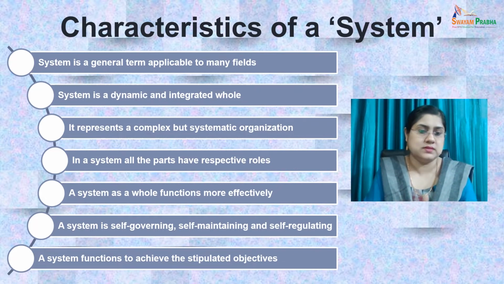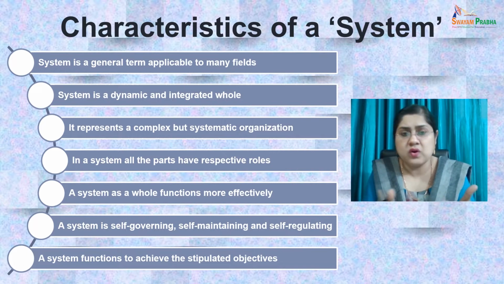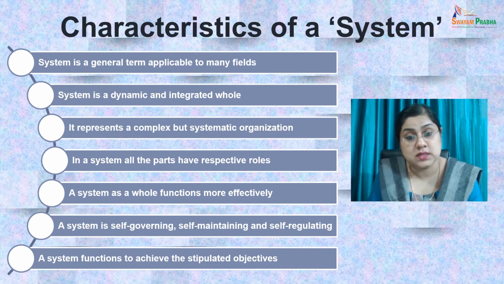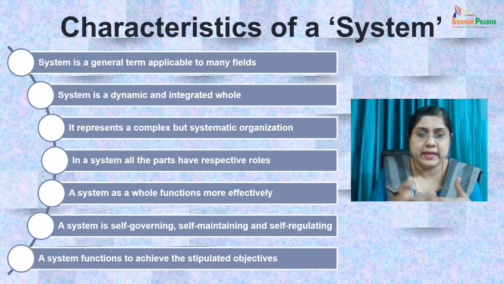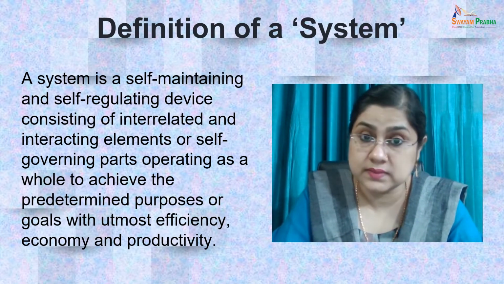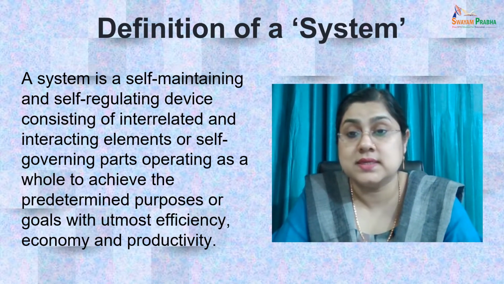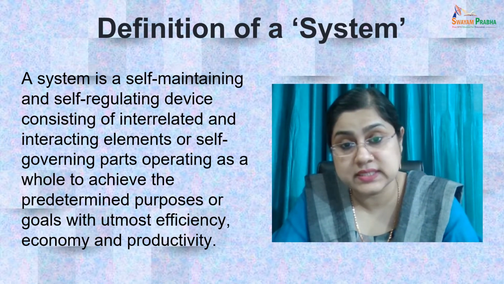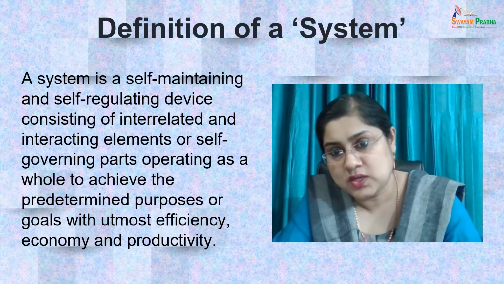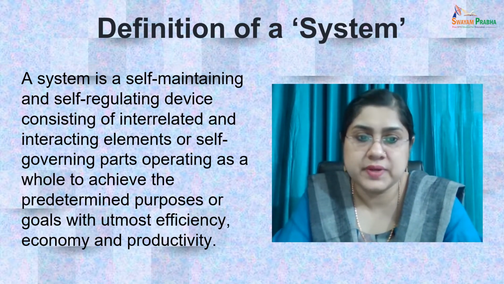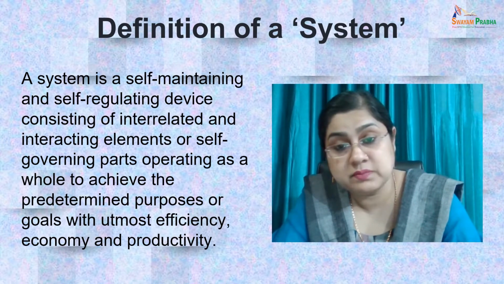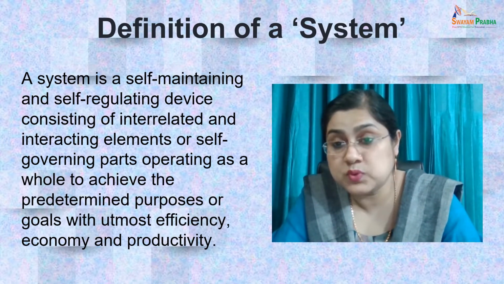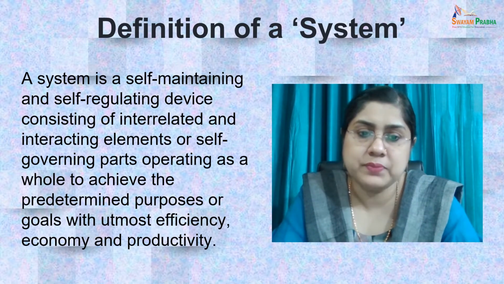So in this way we can see that these are a few of the important characteristics which help in defining a system in a proper way. The term system may be understood as a self-maintaining and self-regulating device consisting of interrelated and interacting elements, or self-governing systems operating as a whole to achieve predetermined purposes or goals with utmost efficiency, economy, and productivity.